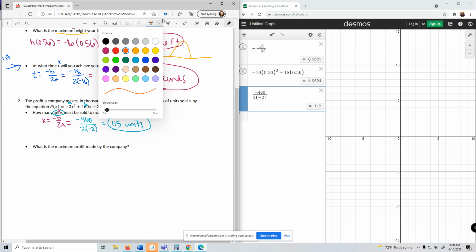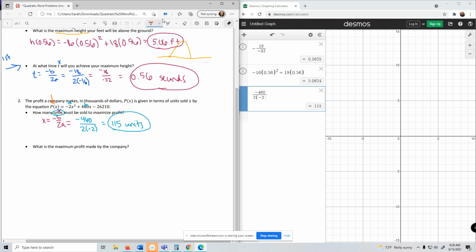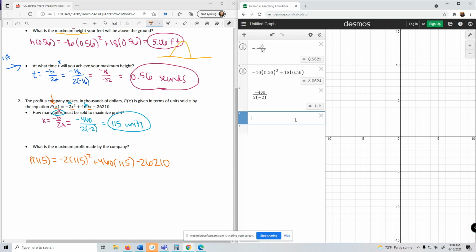Next, we must find the maximum profit. And so that's P of x, which means we're going to take that 115 and plug it in for all the x's. So P of 115 is going to be negative 2 times 115 squared plus 460 times 115 minus 26,210. Once again, let's use Desmos for the heavy lifting because that would be a lot to try to do in your head all at once.